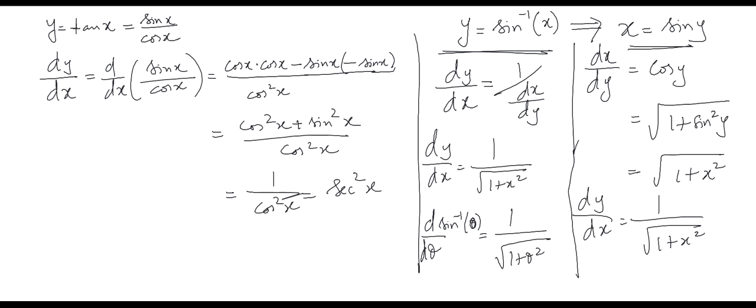Sir, what is the differentiation of ln x with respect to x? Natural logarithm, ln. If you differentiate e power x, what do you get? e power x. You also need to question why the differentiation of e power x is always e power x. I will leave that to you.